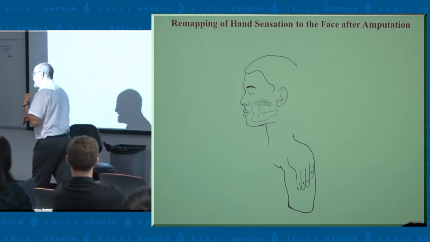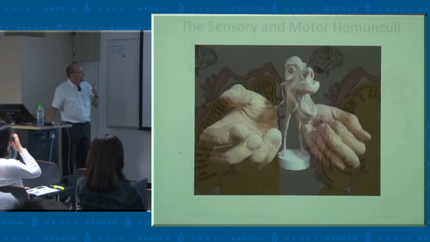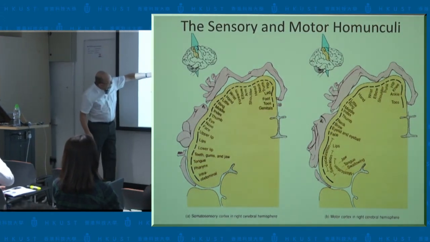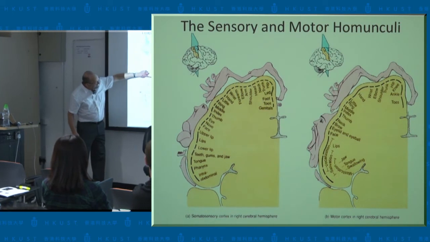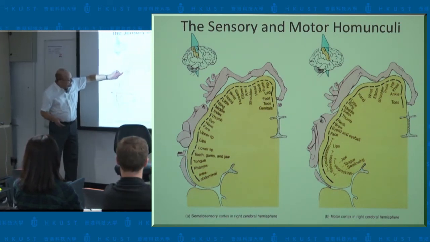Let me just go back and show you another picture of this. Sorry about the back and forth, but what's happening is right in here is your cheek, right? And it's a little gory detail about the mapping here, but these neurons actually are really close to each other right in here, okay?